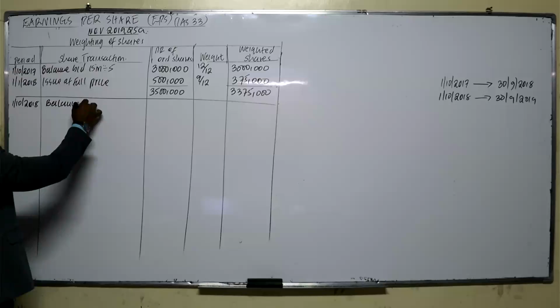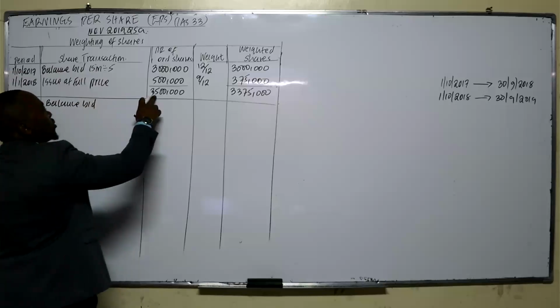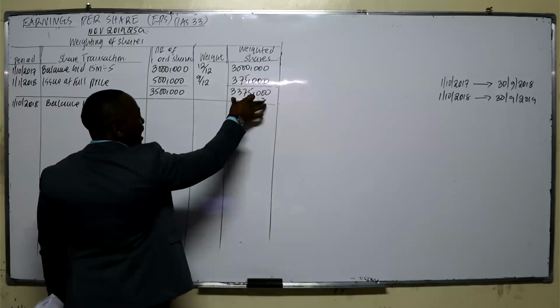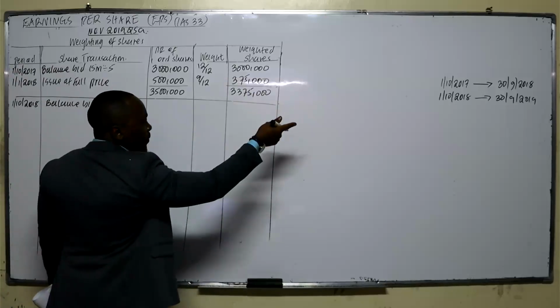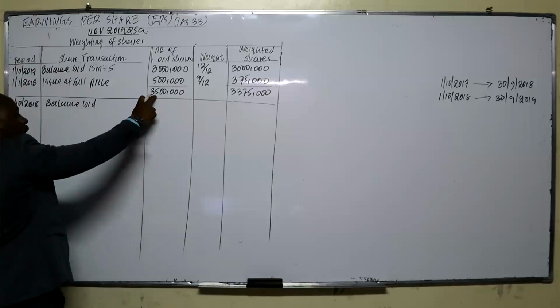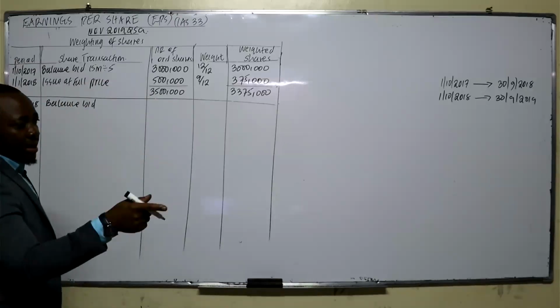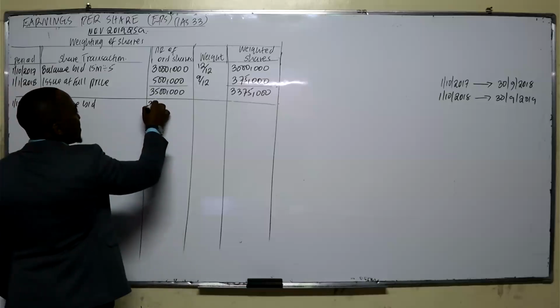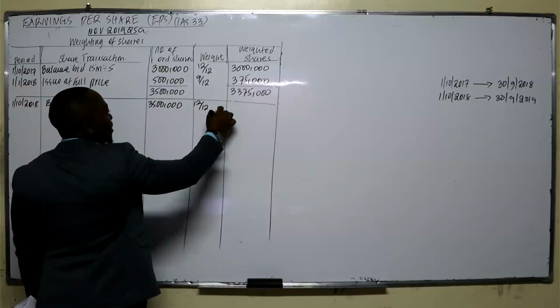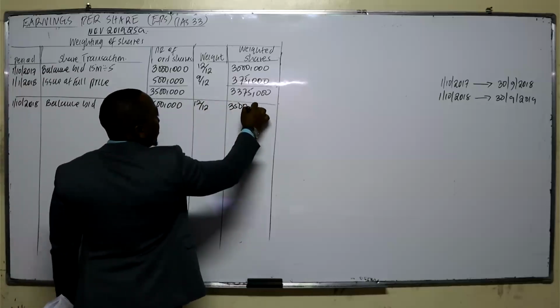Balance brought down. Now, the balance brought down is the number of issued shares, not the number of weighted shares. Those were the shares weighted during that financial year, but the full total number of shares issued was 3.5 million. This 3.5 million will now be the opening balance for the other financial year. So you'll have 3.5 million, weight 12 over 12, 3.5 million.